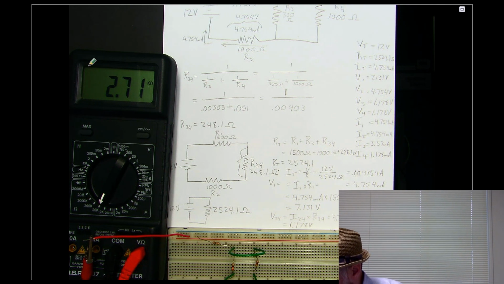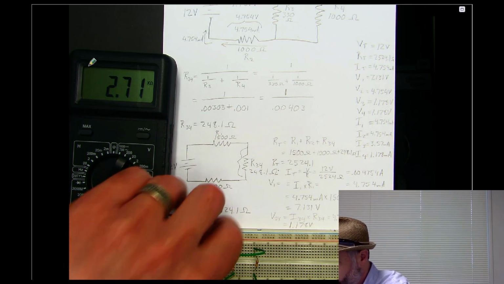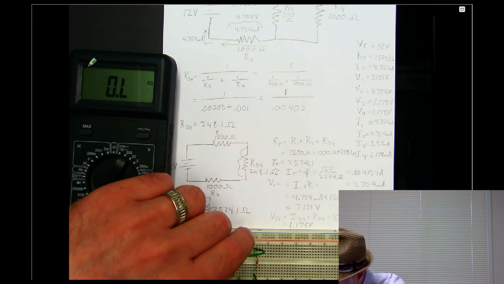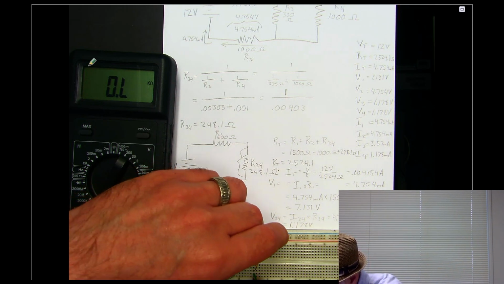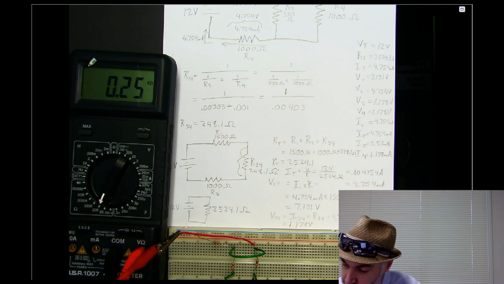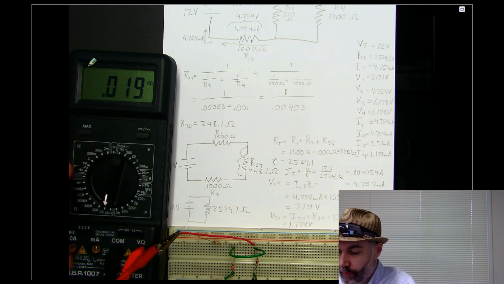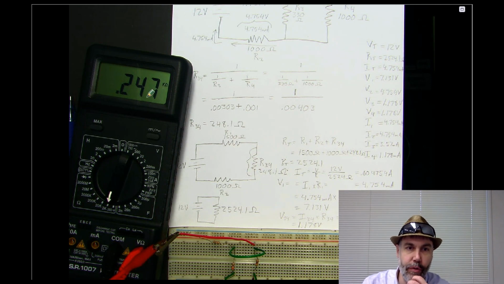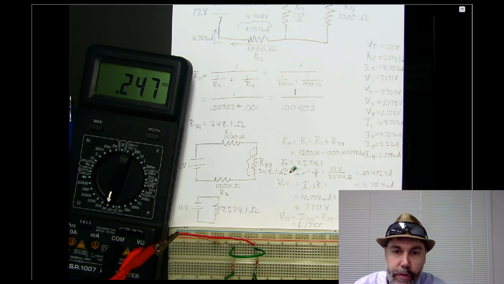Well, I think that my circuit is set up pretty well. Let me check this parallel resistance for these two resistors. So yeah, the parallel resistance came out about right. So 247, I said it was 248 ohms. So that seems about right.